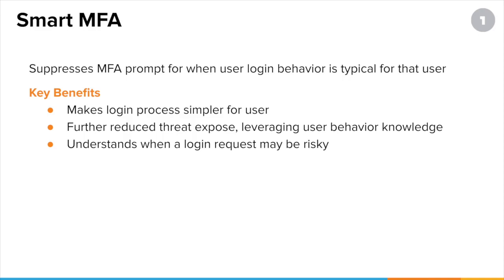Meaning, if the user is required to provide MFA based upon their user security policy, they will not be prompted for MFA. Basically, the user's behavior is considered an additional authentication factor. This can make life a bit easier on the users since they don't always have to worry about MFA, while it still ensures that the login is secure through MFA when the attempt is outside normal behavior.